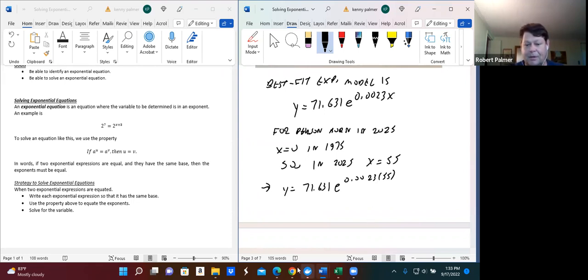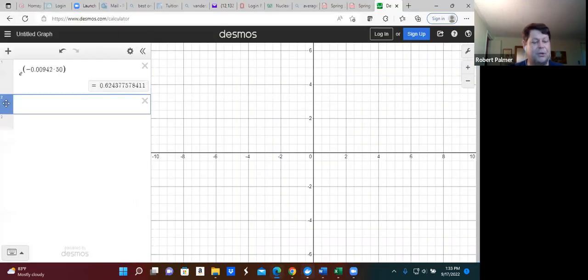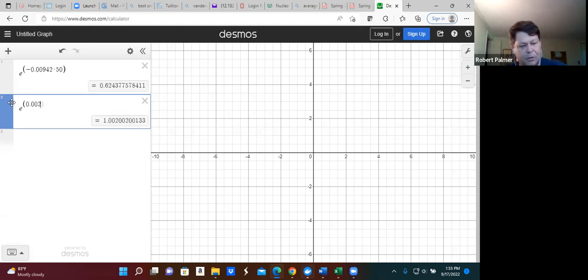So let's go back to that. It's also a good way to show you the calculation. So this time e raised, use the caret, also use parentheses. Now this time it's not negative since it's an increasing function. So 0.0023 times 55.